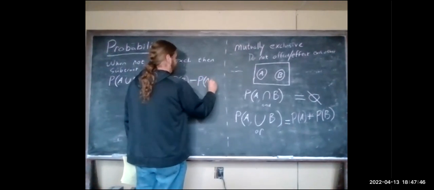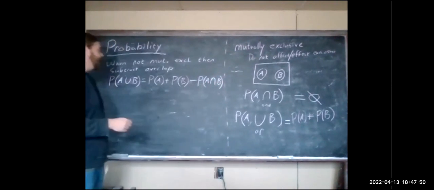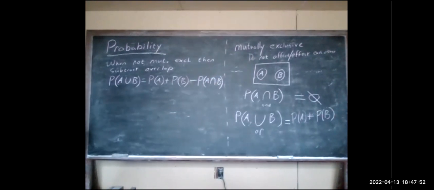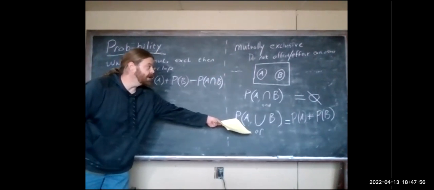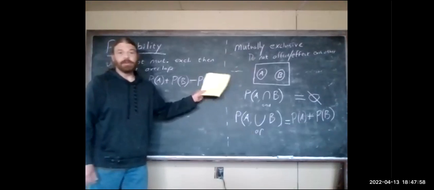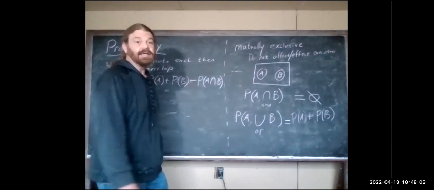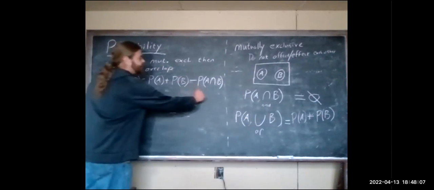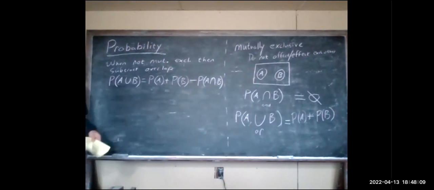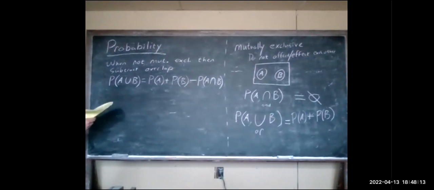The probability of A intersecting B, A and B. Which actually you can see is the same formula, but when we're in a mutually exclusive situation, our intersection or the and situation is emptiness. So if we subtract emptiness, that doesn't affect anything. So really the same formula.